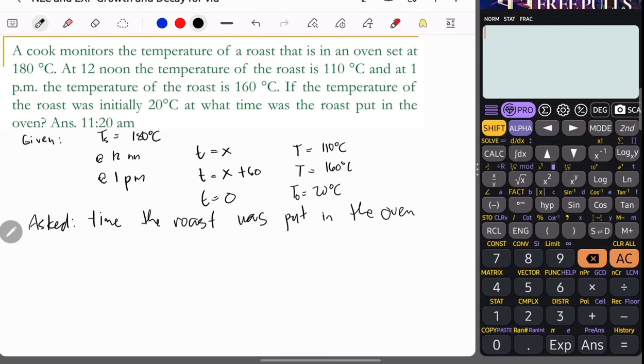So let's start at 12 noon. T is equivalent to X and the temperature is 110 degrees Celsius. Our formula is T minus T sub S equals T sub O minus T sub S times e to the KT.